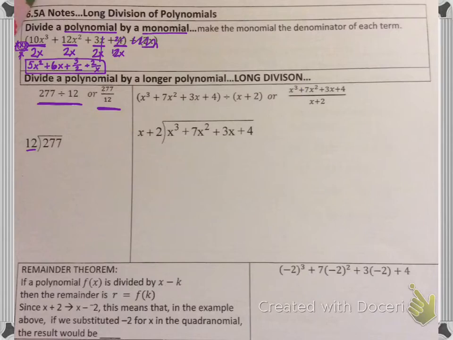You take the 12 and see how many times does 12 go into 27, or in other words, 12 times what gets you as close as possible to 27? Well, that would be 2, because 2 times 12 is 24. After that, what would we do? Most of you will say we would subtract. I would like to say that we're changing the sign. We're changing this positive 24 to a negative 24.